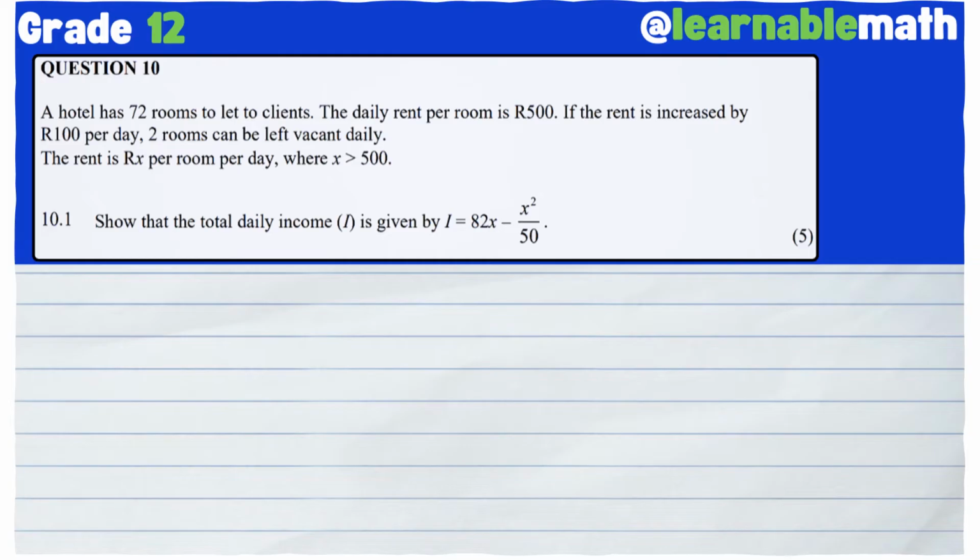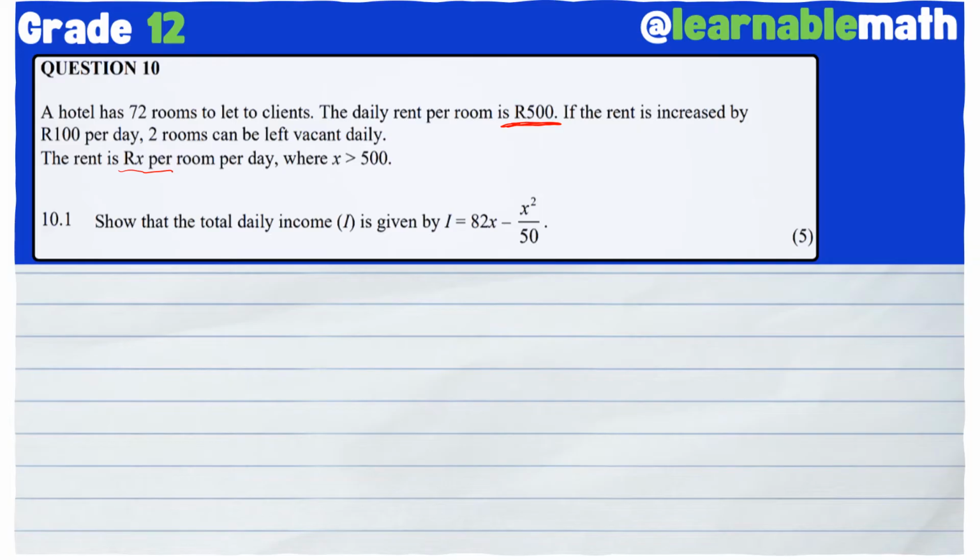Something very interesting is happening. It seems that their daily rent is increasing, because remember, they're saying the rent per room per day is x rand. They showed you that the rent is x rand per day, but we are told that the original rent per room is what? It's 500 rand.